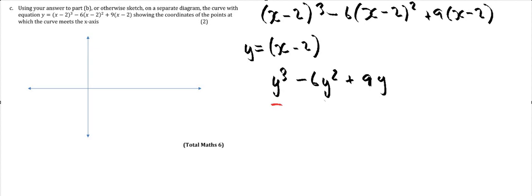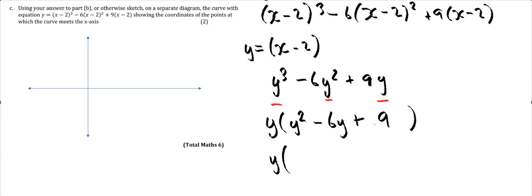My common factor is y, so let's take y outside and see what's in the brackets. y cubed divided by y is y squared, minus 6y squared divided by y is 6y, plus 9y divided by y is 9.